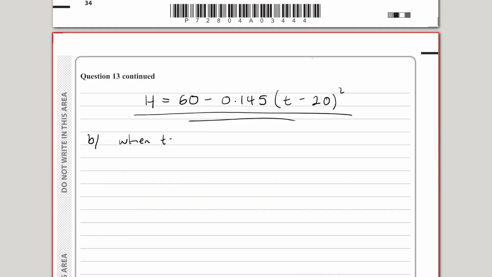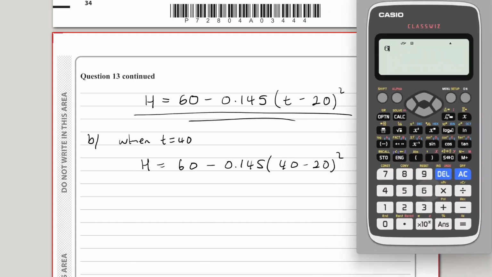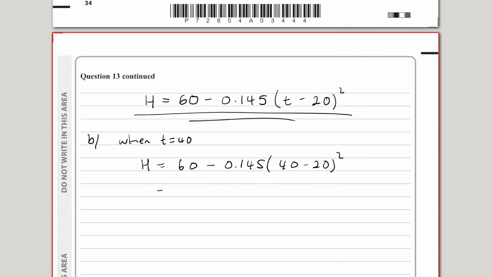So when t is equal to 40, what do we have? We have 60 minus 0.145 times 40 minus 20 squared. Which is 2. Meters.